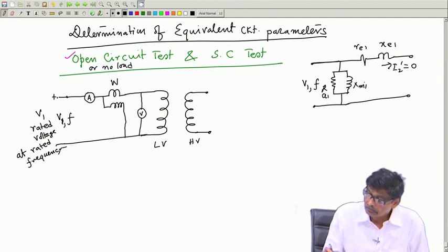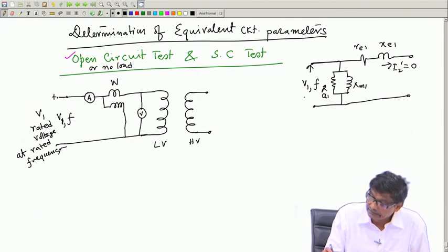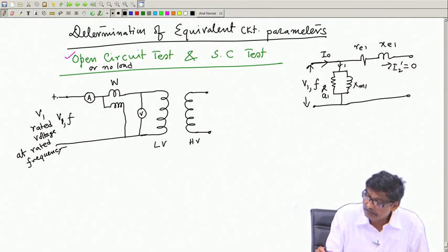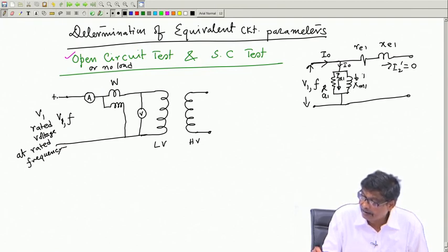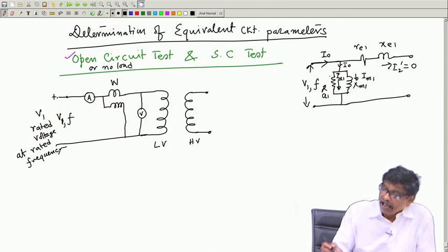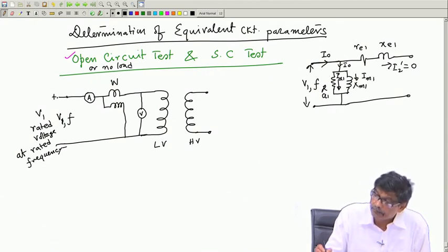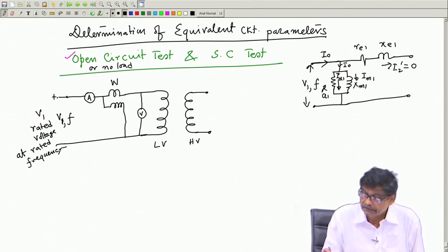Under this condition, this is I naught, this is also I naught, this is ICL1 and this is IM1, the magnetizing current. And what is the phasor diagram in this approximate equivalent circuit?